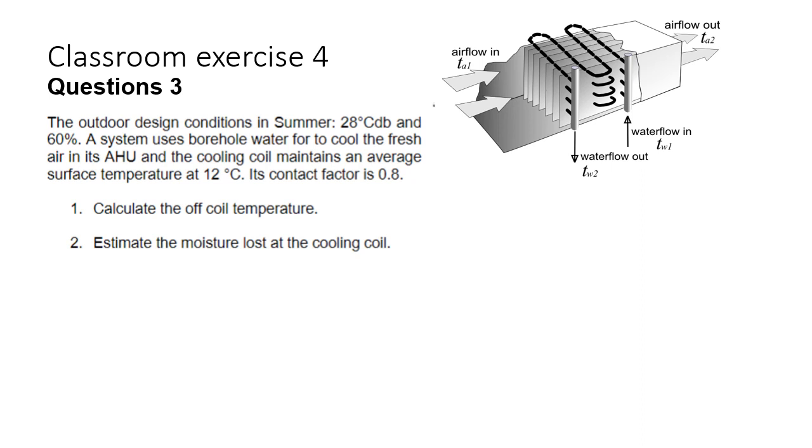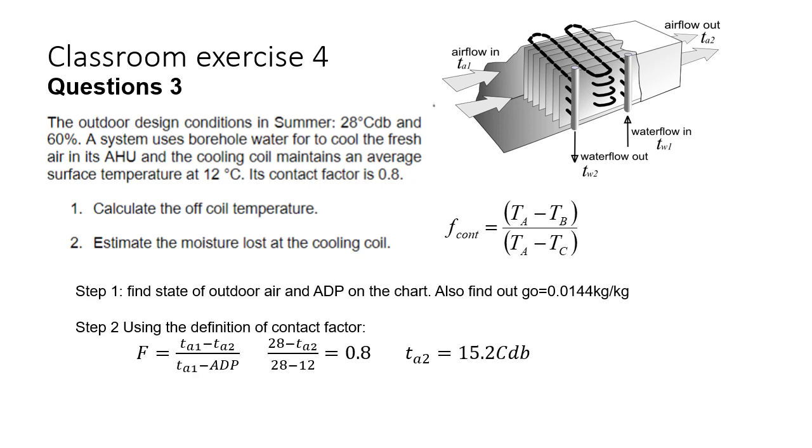Anyhow, let's work out the contact factor first. Contact factor applies to the temperature, before and after. Here we can see the apparatus dew point is 12 degrees. We don't need a psychrometric chart at the moment, but let's look at this formula.